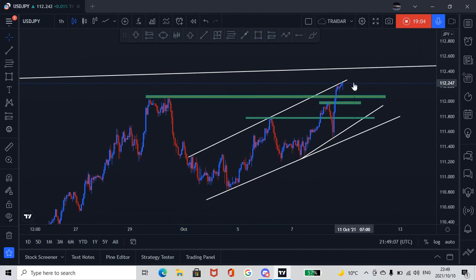The market might just give us a correction, and then continue to touch this area right here. We'll see what it does when it gets there.